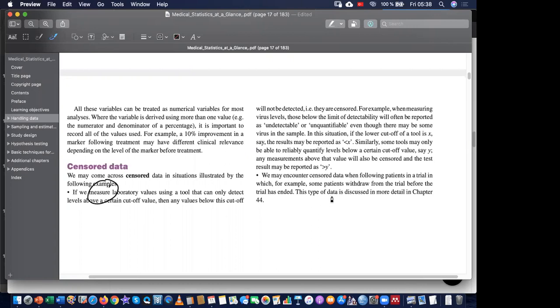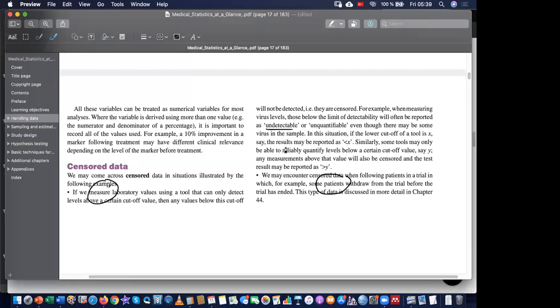He either died or moved away, he refuses to join the study, or he doesn't come for follow-up. In some cases, the laboratories cannot measure, for example blood glucose, if it is too low or too high, it is undetectable.